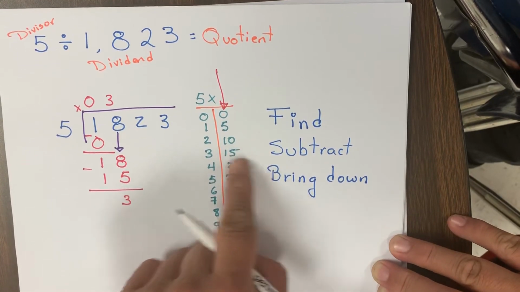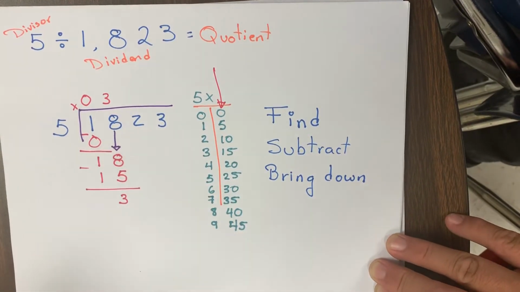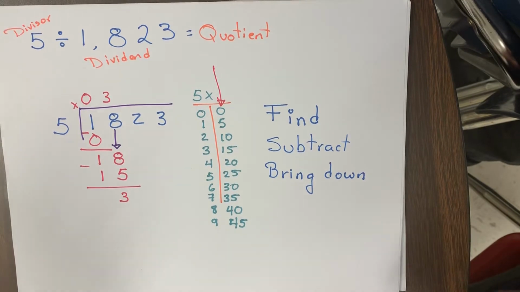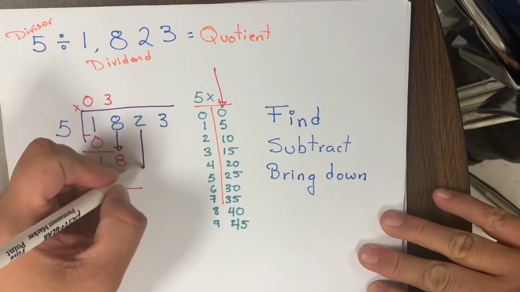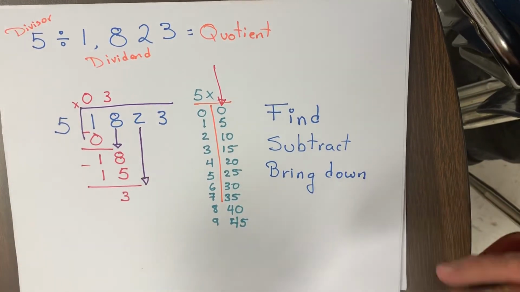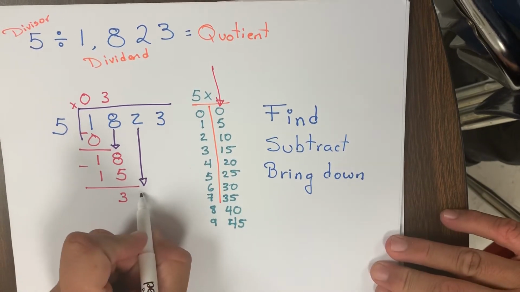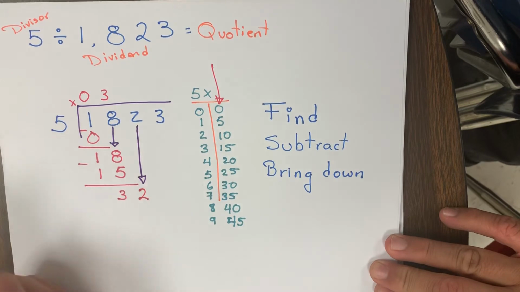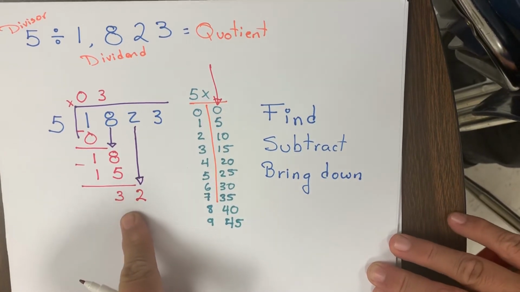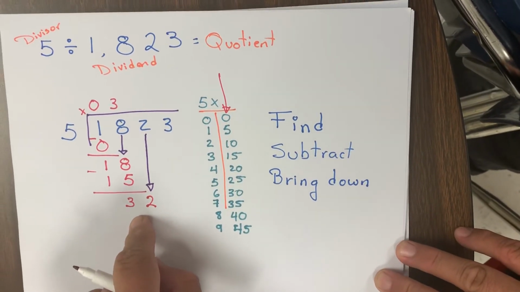What do I bring down? The very next digit. So here comes digit number 2. And I'm going to write it beside the difference. That was a 3. So now I have here 32.